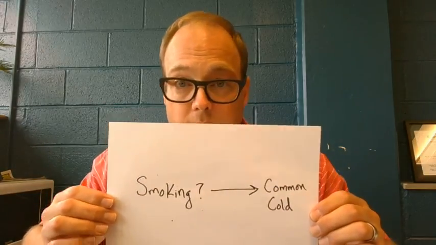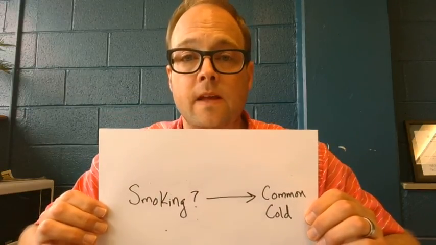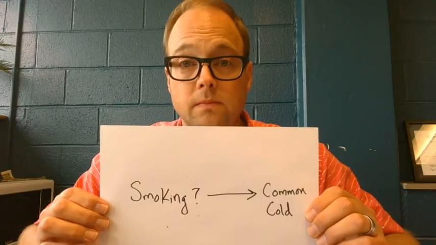So for example, if we were engaged in research or initiating a study designed to determine what effect cigarette smoking has on the common cold, or the incidence of the common cold, as illustrated by this fancy slide, smoking would be our, any guesses?